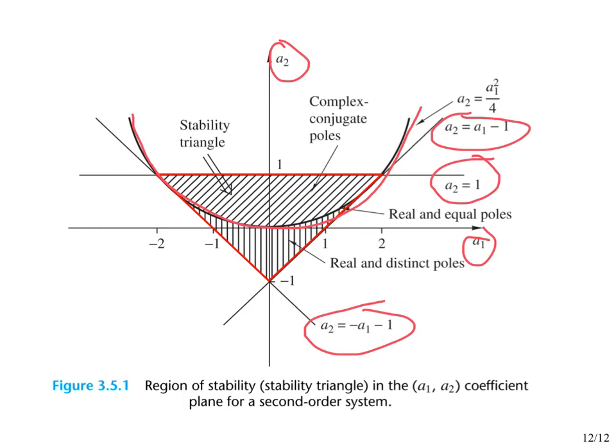So we could specify a constrained optimization: find the A1 and A2 that satisfy the optimization constraint, yet still lie within the stability triangle. Again, not a big deal, but just something to be aware of. We'll stop there, and I'll see you in the next set of notes.